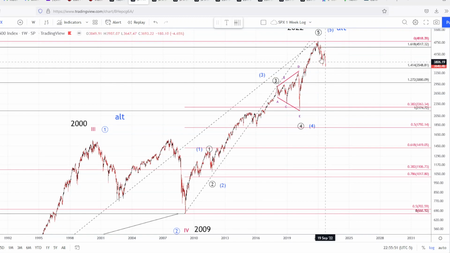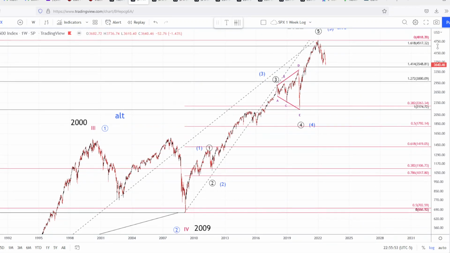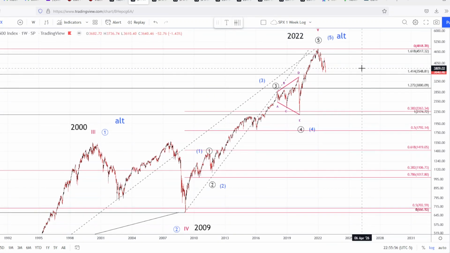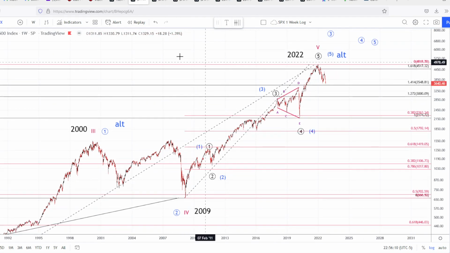So obviously we're watching this decline from the all-time highs very intently to see if that's a 5 or a 3, and then how far this correction will take the markets down, which it is. Okay, we're thinking obviously that it's at least a correction from the 1982 lows.